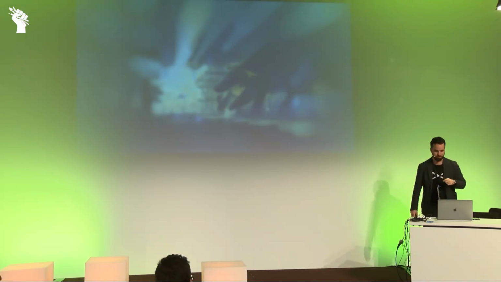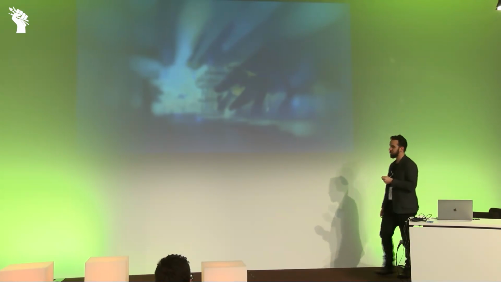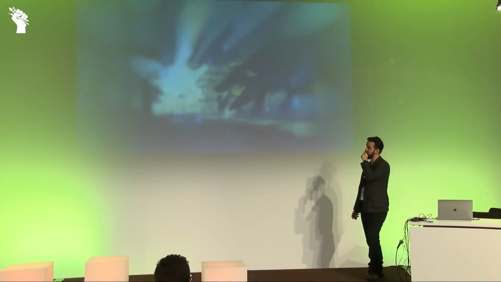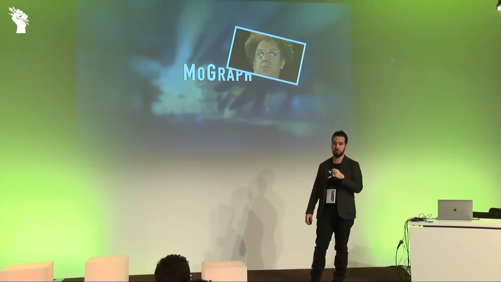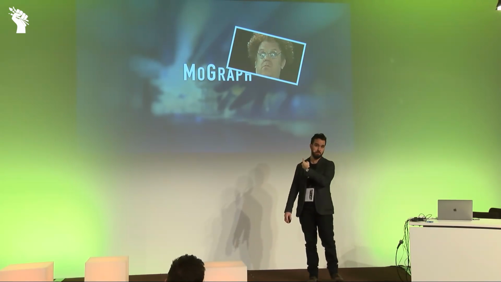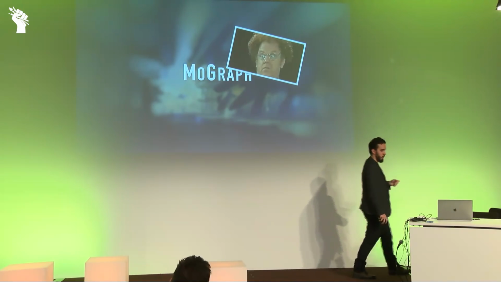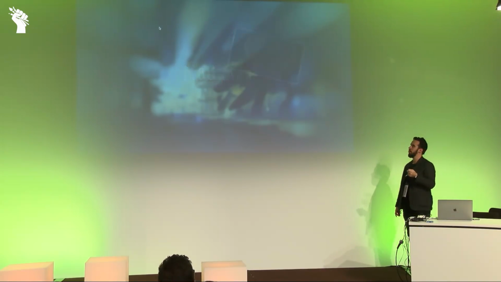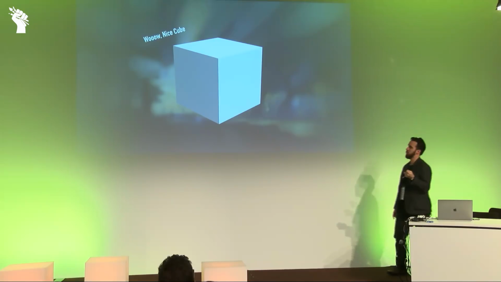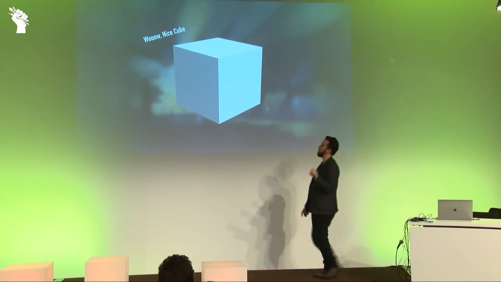And with Cinema 4D, I discovered Mograph. Mograph is a tool you have in Cinema 4D, which is pretty awesome. That was my head at this time also. And what is Mograph? It's like a cloner. Let me explain. This is a cube, a really nice cube. I love this cube.